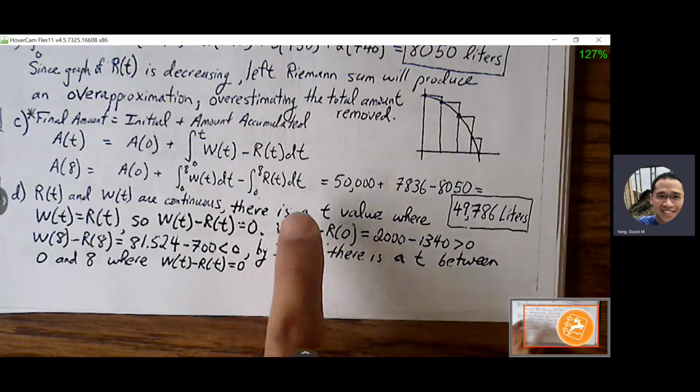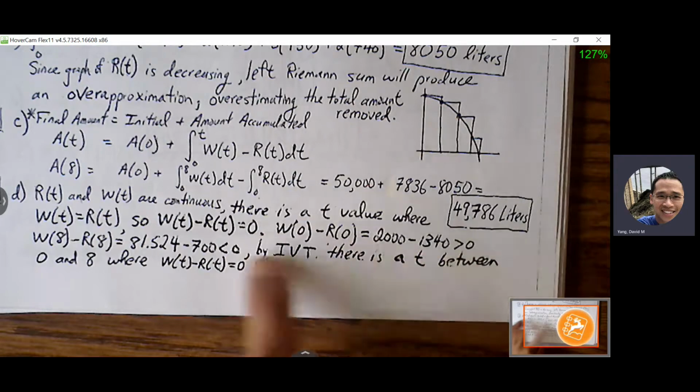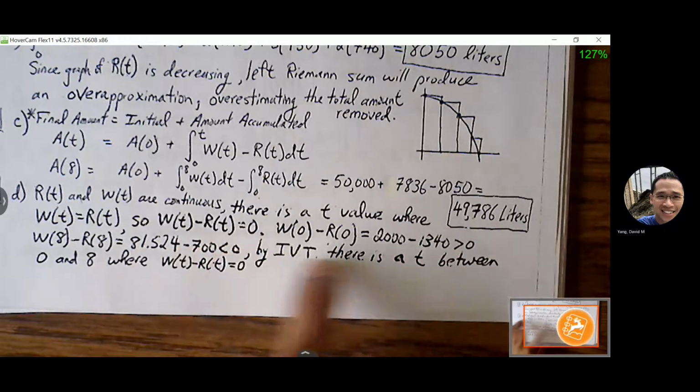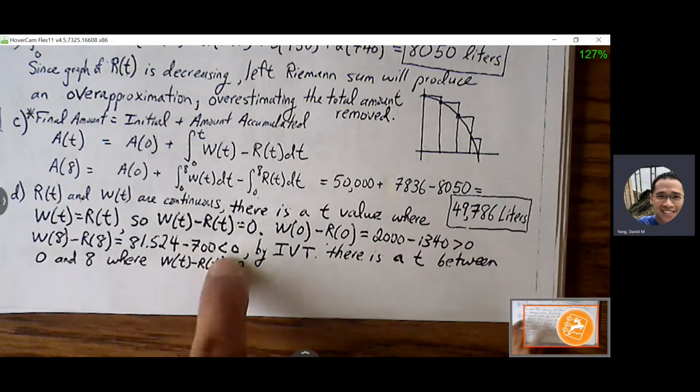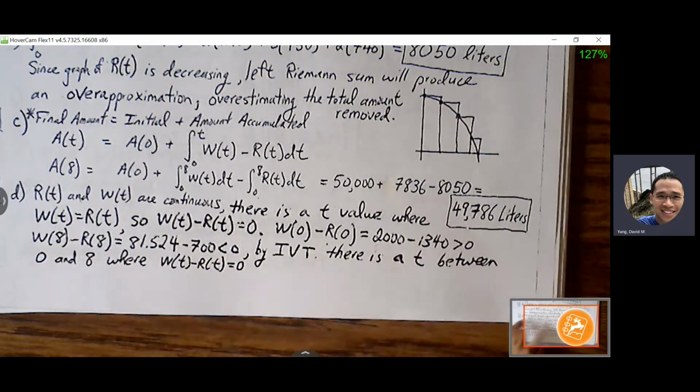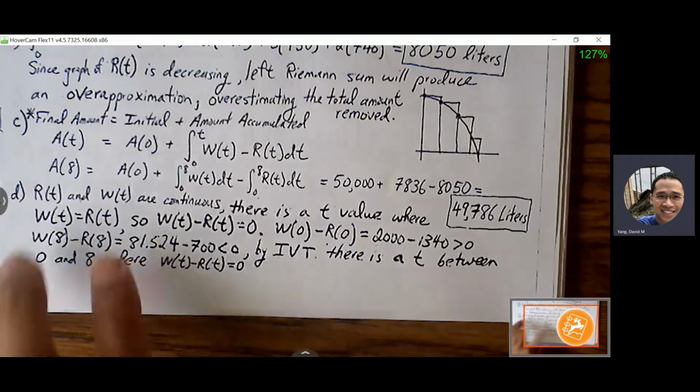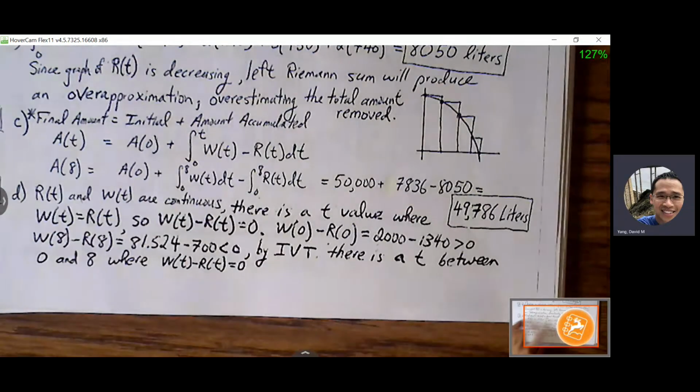If we start with a value that's positive and we end up with a value that's negative, then somewhere in between, that 0 value we're looking for has to be reached, because we're told that the function is continuous. R of t and W of t are both continuous. So by IVT, there must be a time t between 0 and 8 where W of t minus R of t is equal to 0.